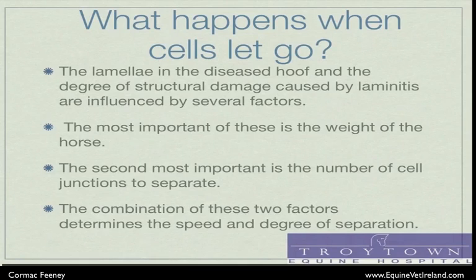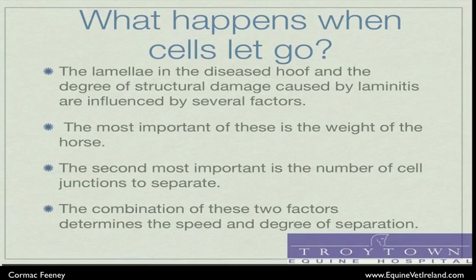Once the insult or disease which affects the laminae causing laminitis has started, several factors indicate how quickly or how severe the laminitis will become. The most important of these is the weight of the horse, because the separation of the hoof capsule from the pedal bone is a physical phenomenon determined by how tightly the laminae are attached to each other and how the distraction forces associated with the weight of the horse and the movement of the pedal bone cause the separation to occur.